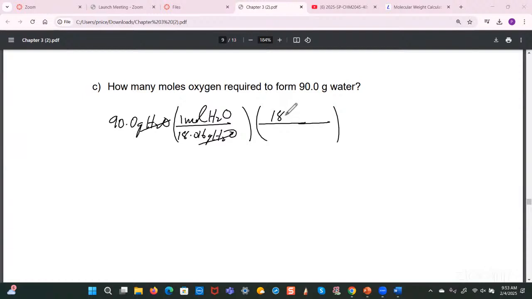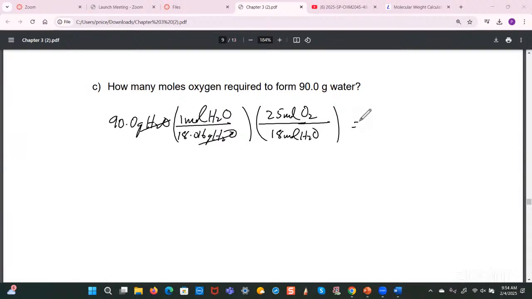18 moles of, no, wait a minute. 18 moles of H2O will go below, right? Okay, my bad. Clear this. Okay, so below, you're gonna have 18 moles of H2O, and what goes up top? 25 moles of O2.